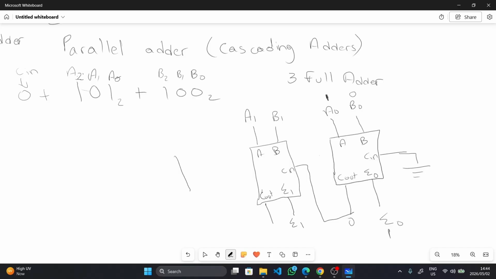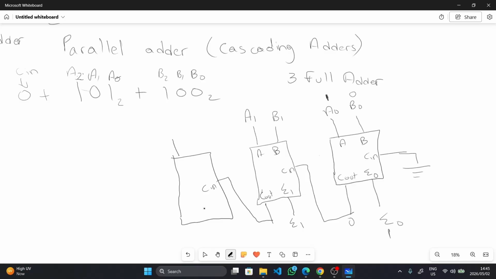Then again our last, third adder. Sorry, the diagram looks a bit skewed. We have our carry in again that goes to our carry out.